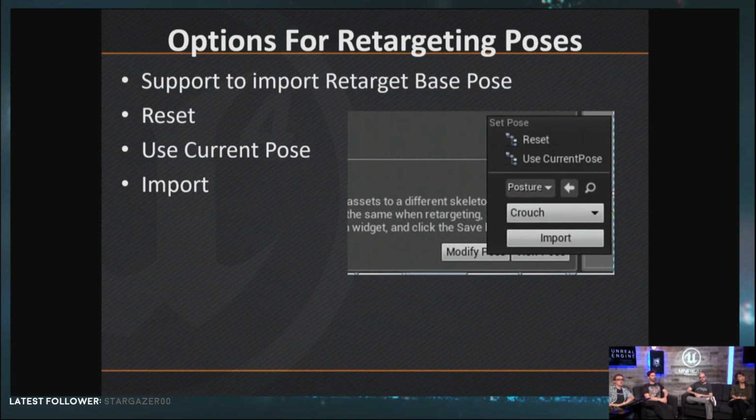Options for retargeting poses, support for importing retargeting base pose. Before, retargeting had an option for only one pose. So you can tweak your base pose to a T or A pose, whatever you want, depending on your source or target, because you have to have the same base pose. But now you can save those as an asset in the pose asset, and use whatever pose you want.